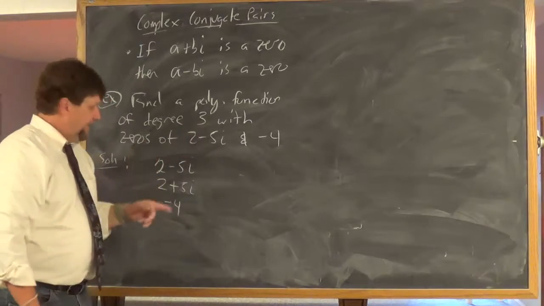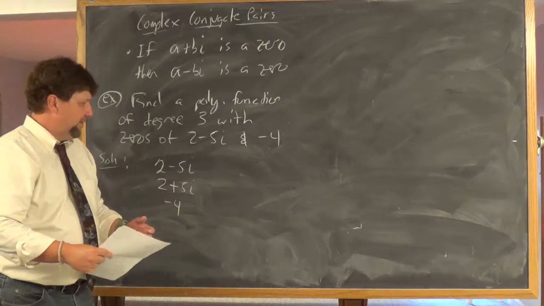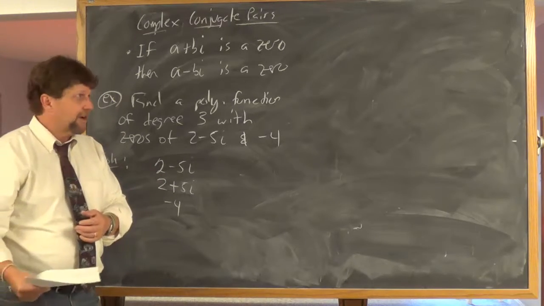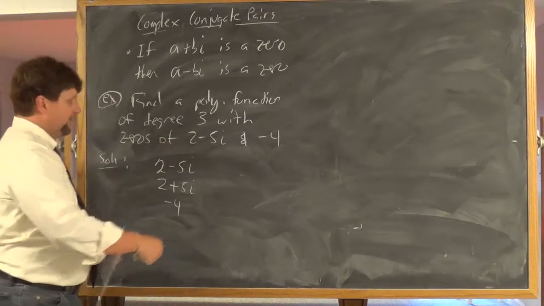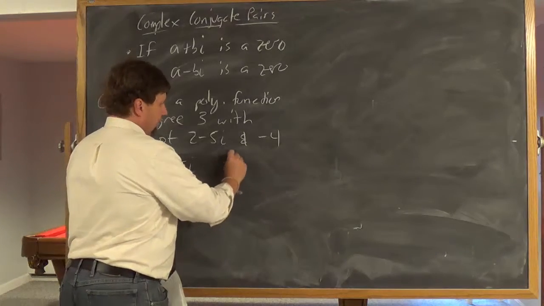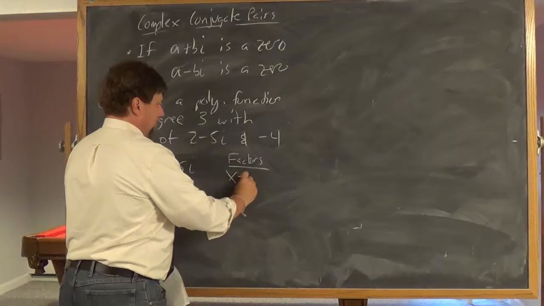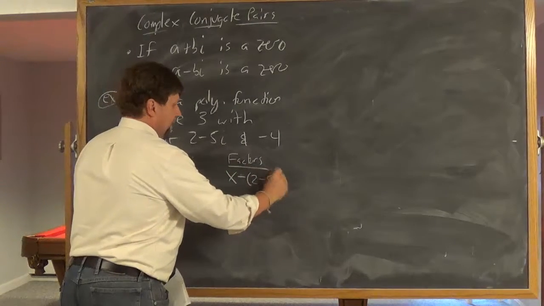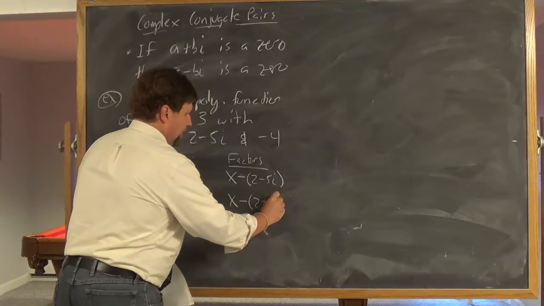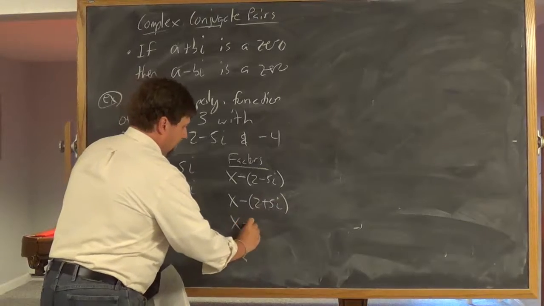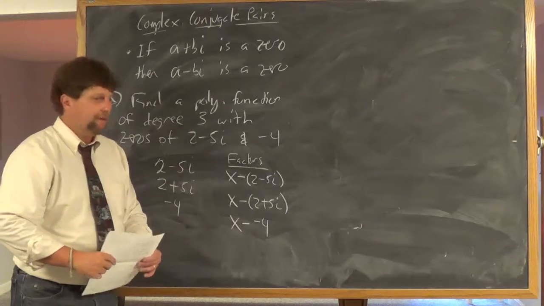So if you have a degree 3, we have 3 zeros. If you have zeros, then you have to know what the factors are. That's the factor theorem. So since we know these are zeros, that would correspond with the following factors: x minus 2 minus 5i, x minus 2 plus 5i, and x minus a negative 4, which we'll end up writing as x plus 4.